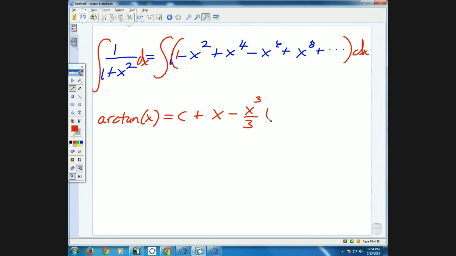Integral of x to the 4th, excellent, 1/5 x to the 5th, minus x to the 7th over 7, and so on. We did it. That wasn't that bad.